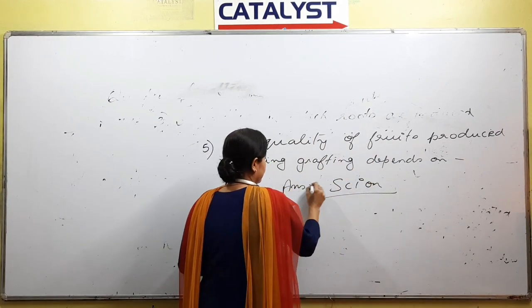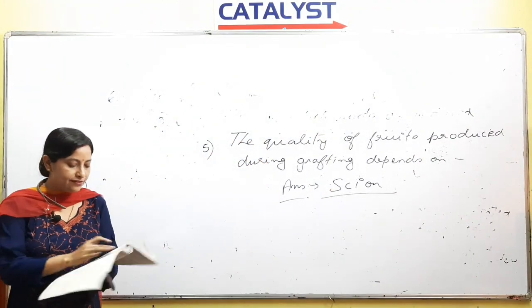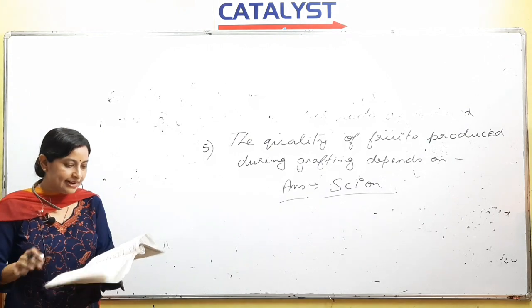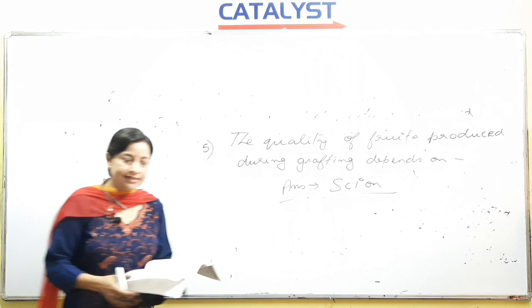So the answer would be scion, right? So we have discussed almost 5 to 6 questions. I think now you have an idea what kind of questions have come from this portion, right? Do you have any doubts?